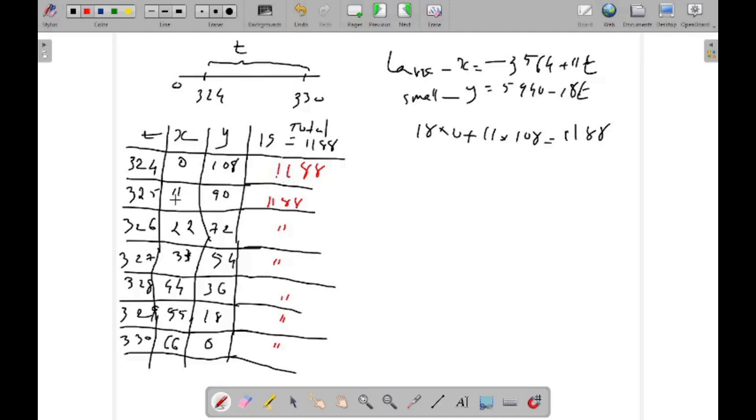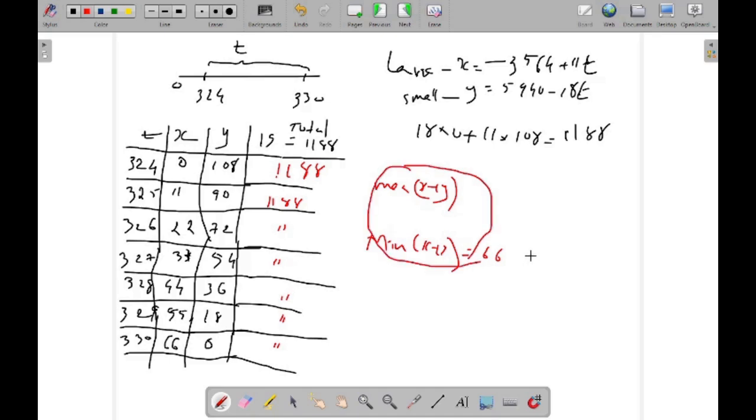If we buy 11 large shirts and 90 small shirts, he can meet his requirement. The total amount will be 1188.